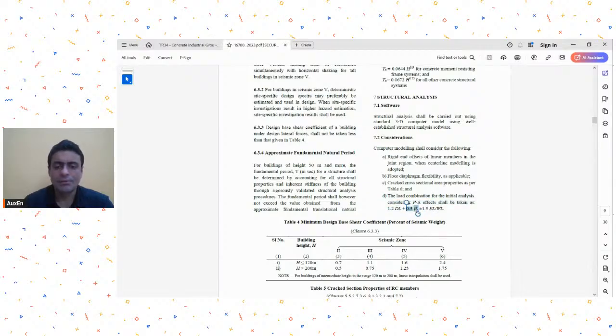So, to take a more justified value of live load, they say that for most occupancies it is fair to assume 0.5 as the live load factor.